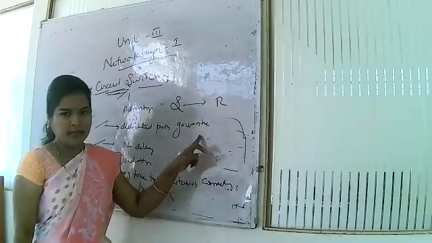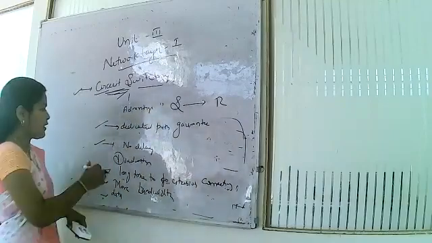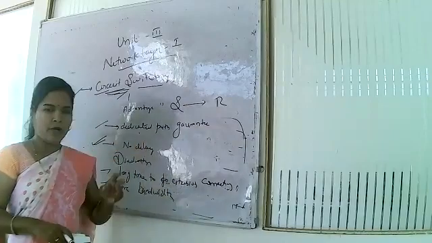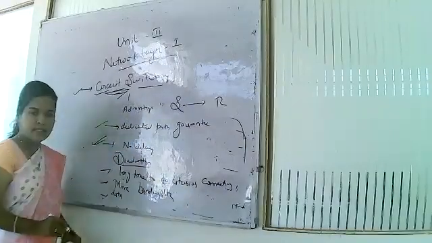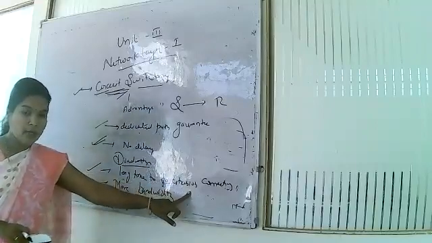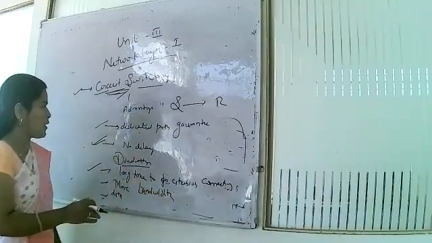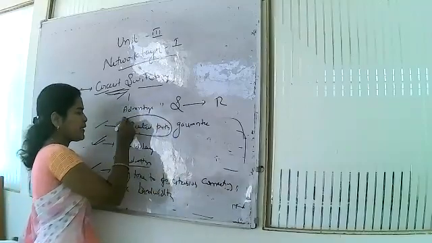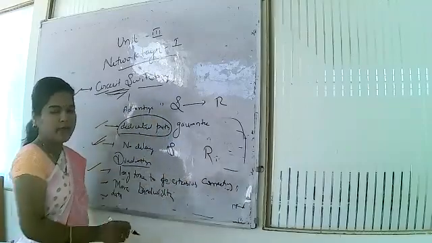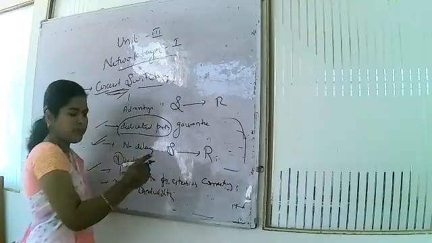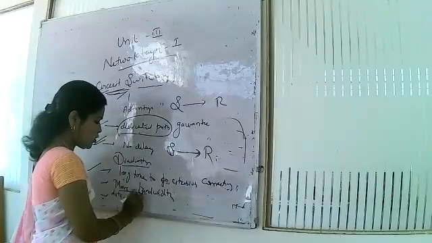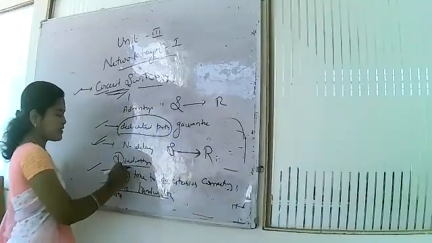Next, the disadvantages: it takes a long time to establish the connection. It has a dedicated path between the sender and the receiver, but to create this dedicated connection, it needs more bandwidth. That is the disadvantage of circuit switching.